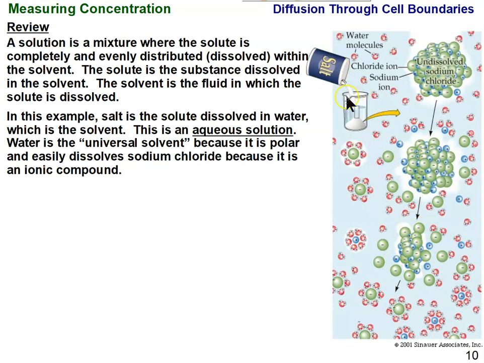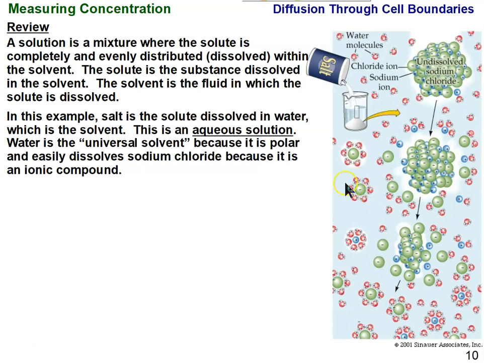Salt, if you'll recall, is an ionic compound. When it dissolves in water, or when it's placed in water, it will break up from its solid form, and the sodium ions and chloride ions will dissociate and distribute themselves in solution. But notice how the water molecules are interacting with those ions. So here's a chloride ion.